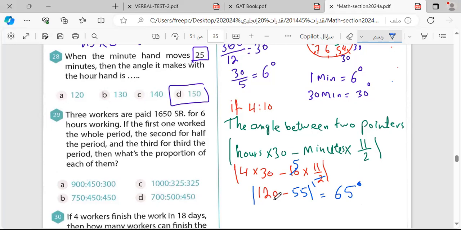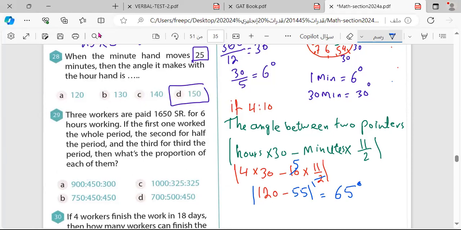Maybe the answer will be negative here, then you write it positive. For 4:10 you can get it by formula, or by drawing. Clear? Okay, number 29, so that if the questions change you can find the angles.